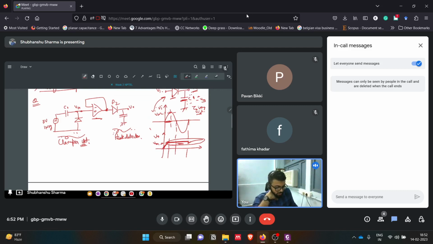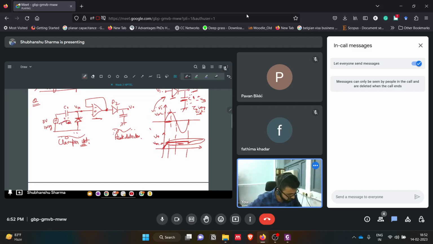Initially you are giving the positive cycle, so this will start charging like this, and current will be flowing like this. In the positive cycle, the diode will be off.